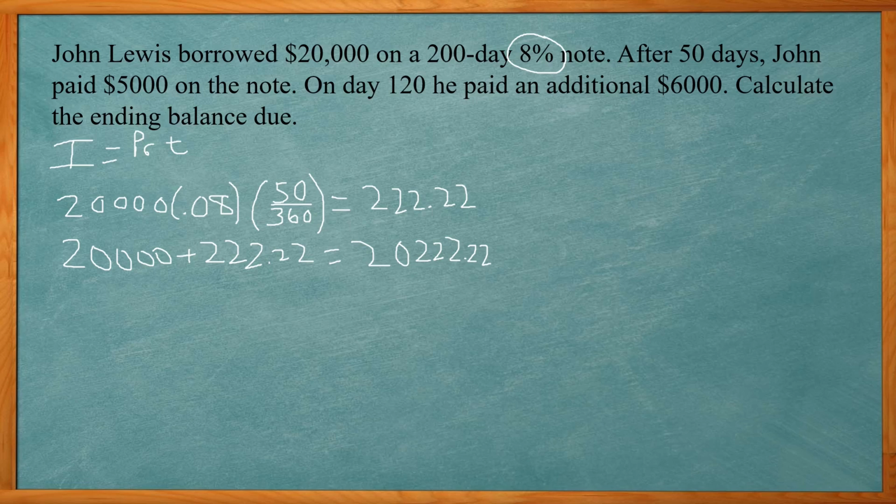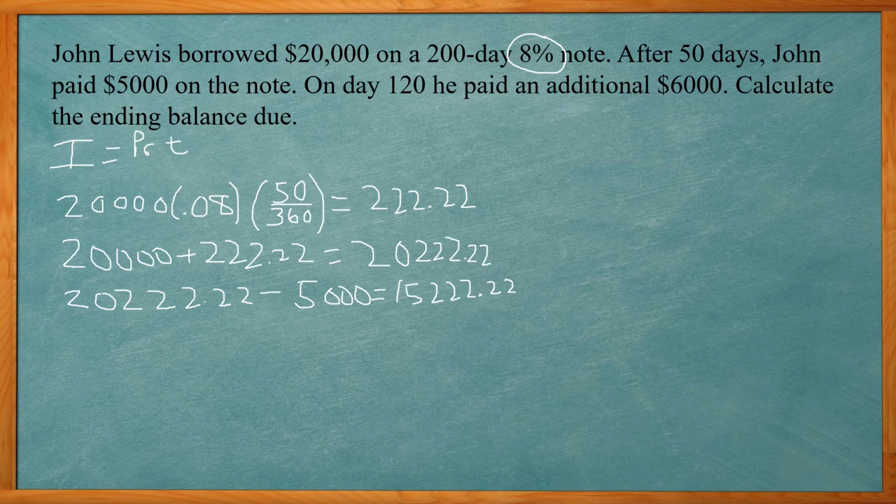Now he paid 5,000 on that loan, so we're going to subtract 5,000 from that. And that's going to give us 15,222.22. So that's his current balance on the loan after 50 days and paying $5,000 on it.